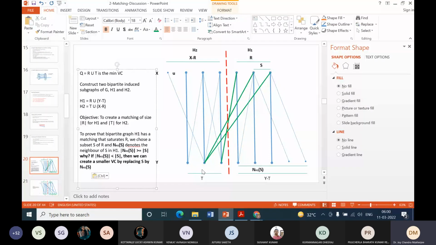That is how we create a matching of size mod T plus mod R, which is nothing but mod Q.